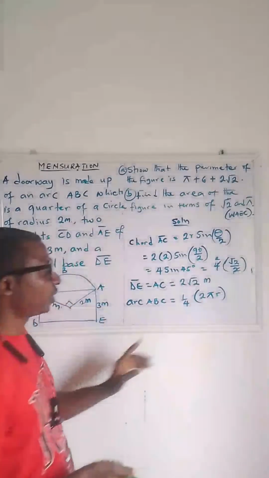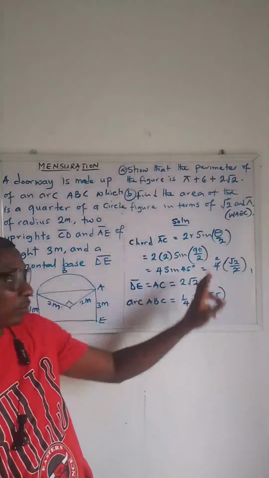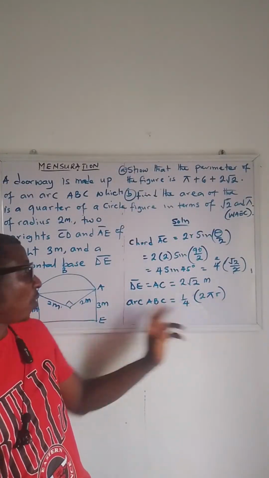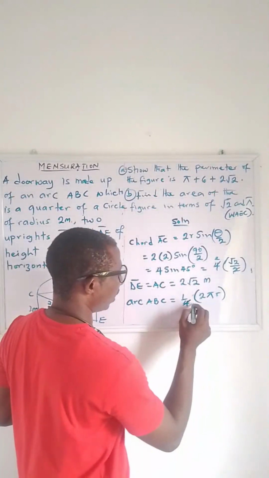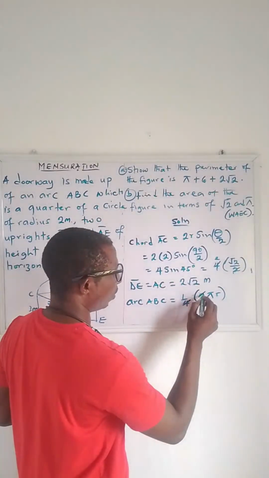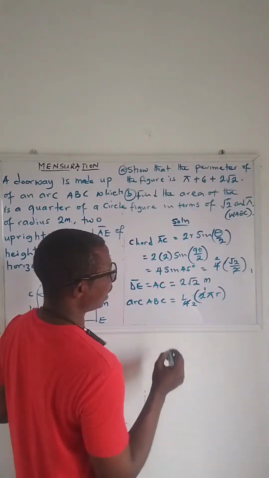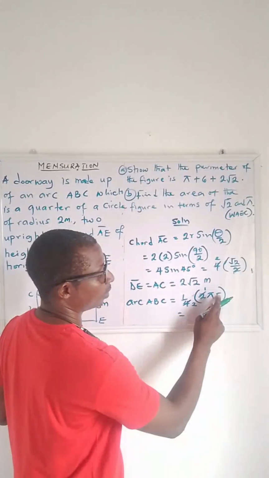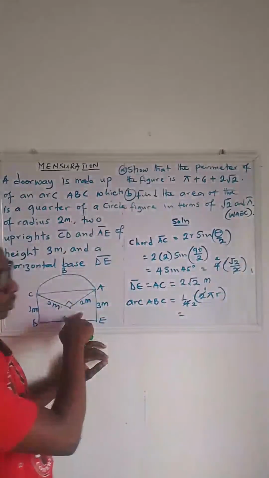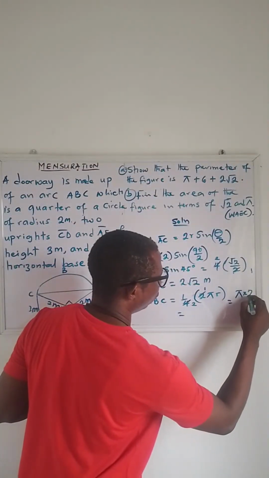You know, this is the formula for calculating the circumference of a circle, 2 pi r. So 1/4 of it is what we have here. So 2 goes here 2, 2 goes here 1. Now don't forget, your r is 2. So you can add this as pi times 2 over 2.